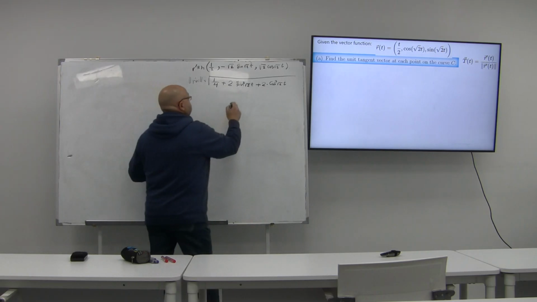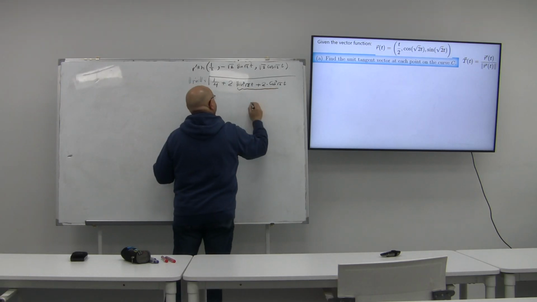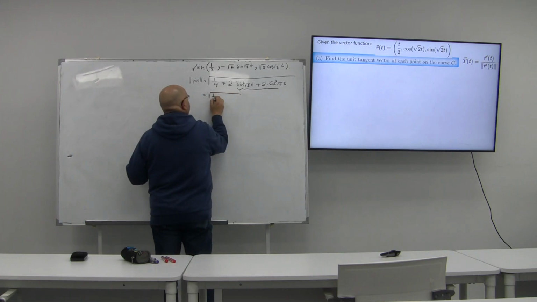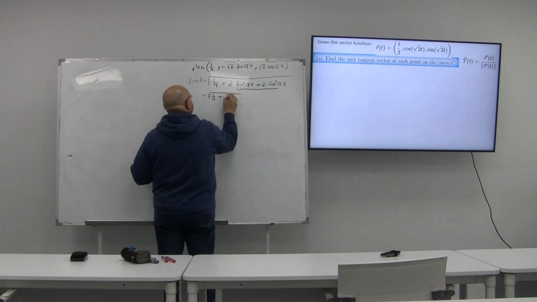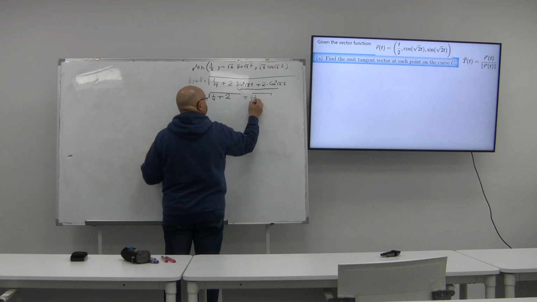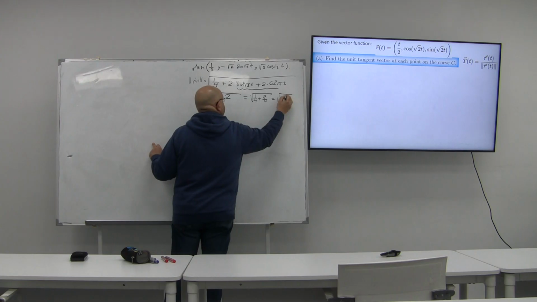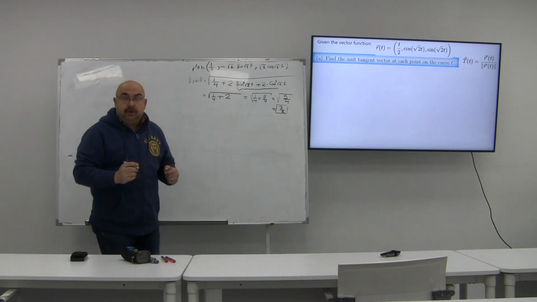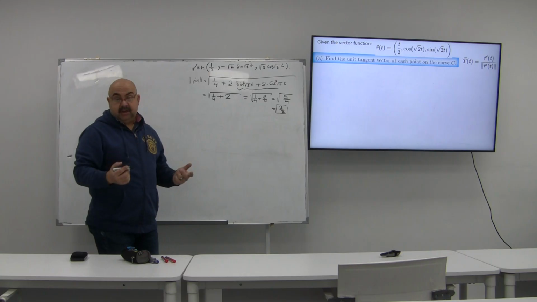If you remark, this is our famous law about trigonometric functions, which comes up to 1. So it's 1 over 4 plus 2, which is the square root of 1 over 4 plus 8 over 4, the square root of 9 over 4. That comes to 3 over 2, and that's the magnitude of r dash.